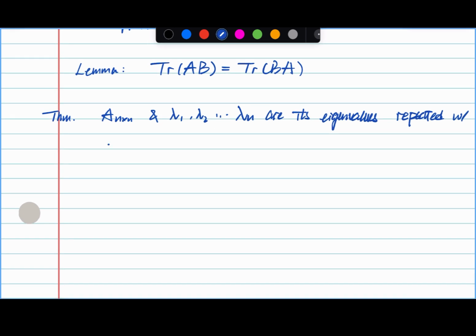Then the trace of A equals lambda 1 plus lambda 2 plus all the way to lambda n.